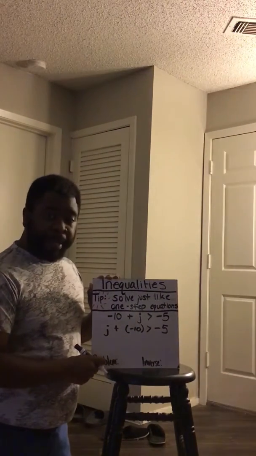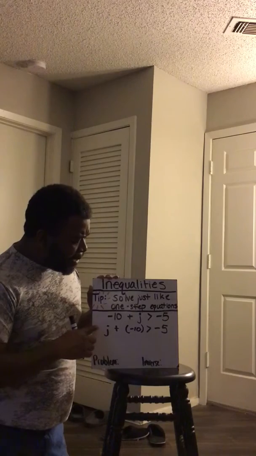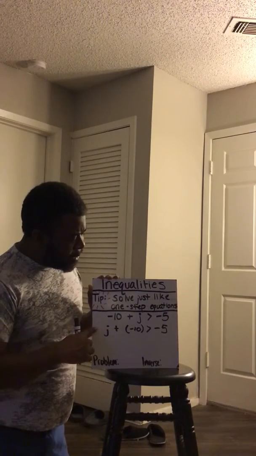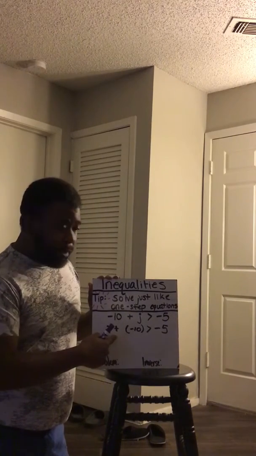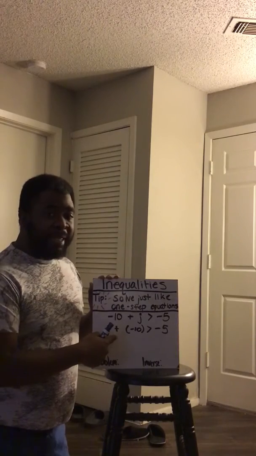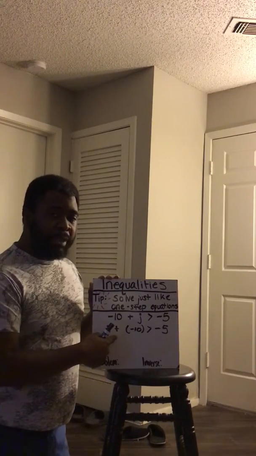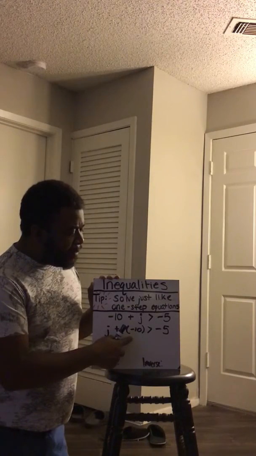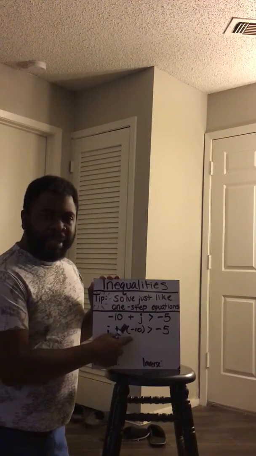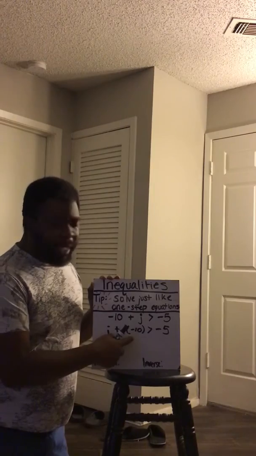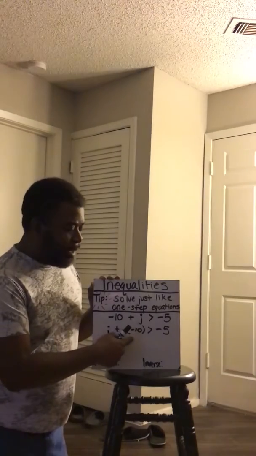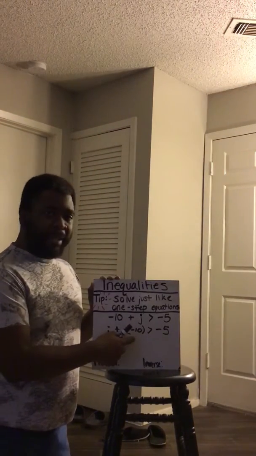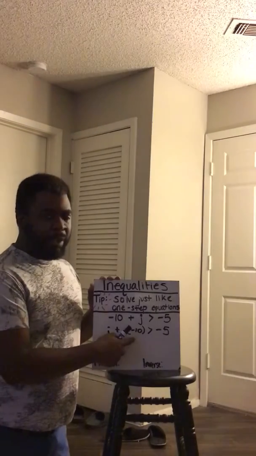It's the exact same. But this is where it gets confusing because this is an addition problem. And I know that I have to take the inverse of addition, which is subtraction, but I have to get rid of that negative 10, and I can't subtract 10 from negative 10 because it's not going to get rid of it. I would have to add 10 to negative 10 to get rid of it.